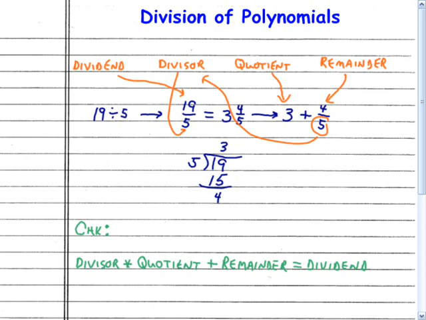Now when we're checking a problem like this, if we recall, we would say, oh, 5 times 3 plus 4 must be equal to 19. 5, which is the divisor.